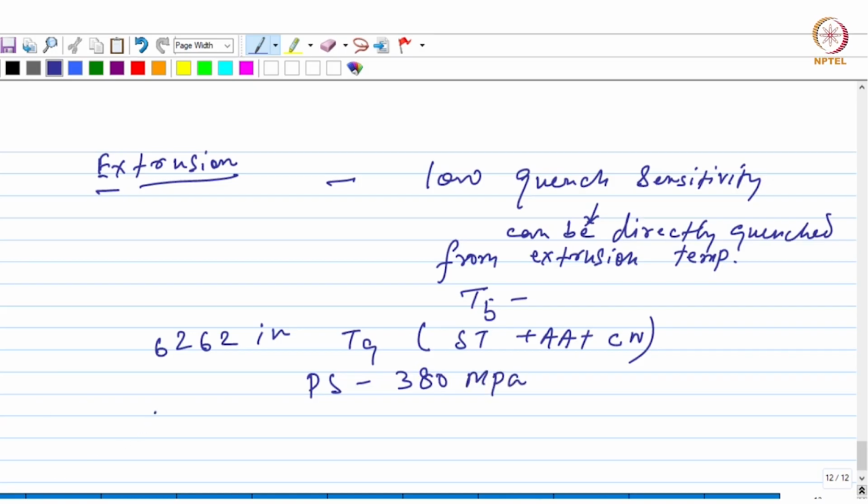And alloys like this 6061, 6063 can also generate very good surface finish. And in fact, they can be given different colors by anodizing.